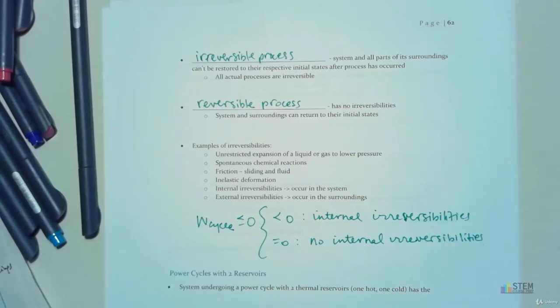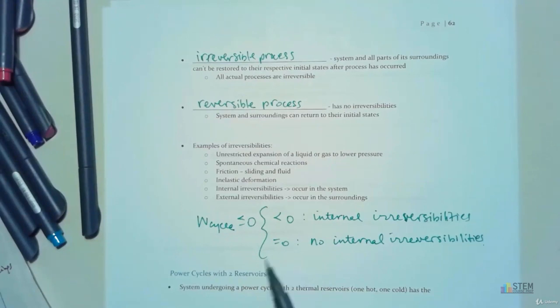I always think I have this word spelled wrong because it's so long, but it looks okay. So this is how we'll know if we have irreversibilities or not. Less than 0, we've got them. If it's 0, we don't have them. You'll see when we get to the examples how we'll use this.